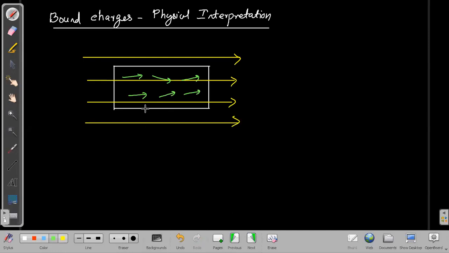Some of them may be exactly oriented in the direction of the electric field, some slightly disoriented.